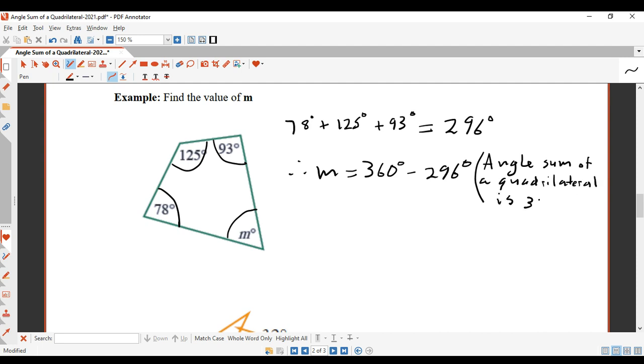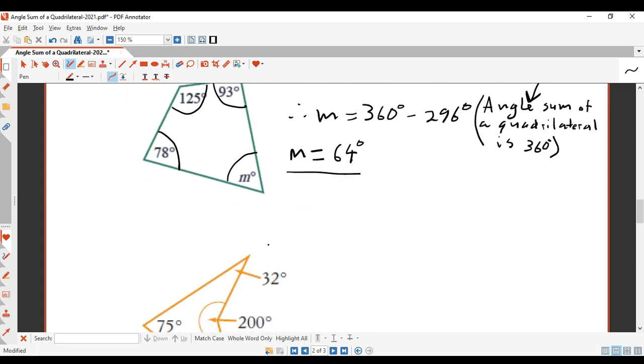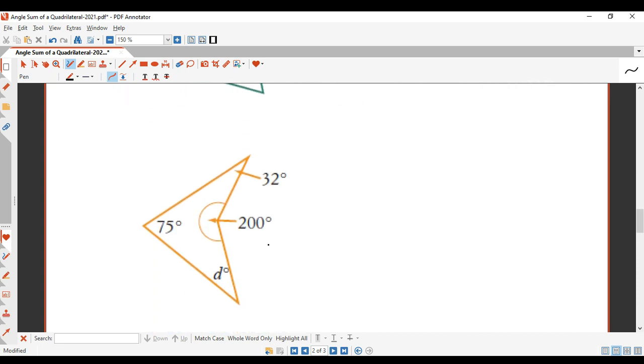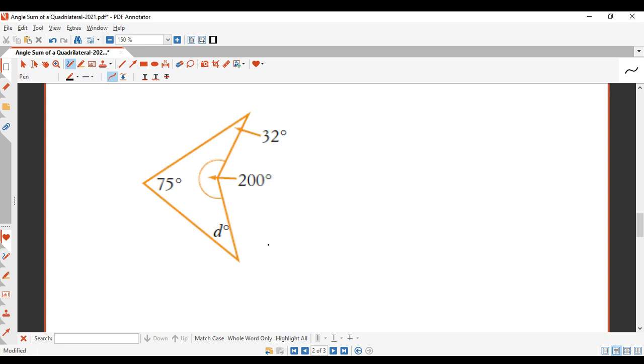So anytime you see the 360 degrees when you're working out, that's the reason you're meant to put. In geometry, as we know, you've got to put reasons. So that means M is equal to 64 degrees. Okay, so that's your answer. This is the working out we're expecting to see. Now copy that down and let's have a look at the next one.